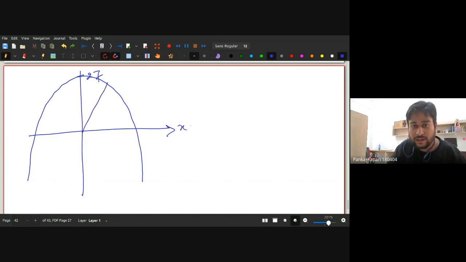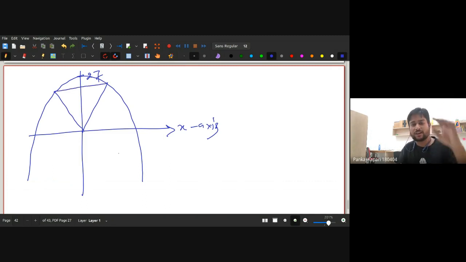This is the x-axis, and the other two vertices are both on the parabola curve. And this is the base. Assume that it is parallel to the x-axis. Now this is a point which is x comma 27 minus x square, right? This is the point x comma 27 minus x square.